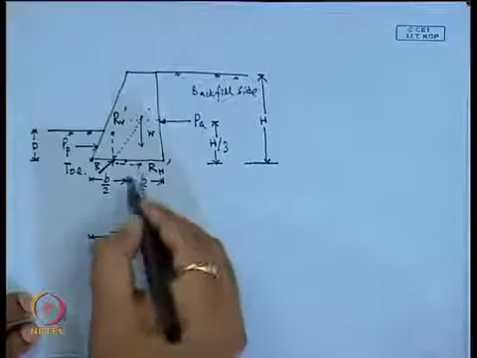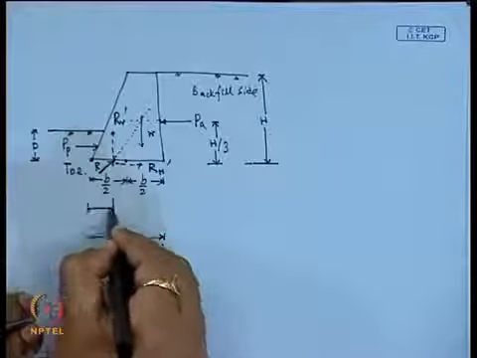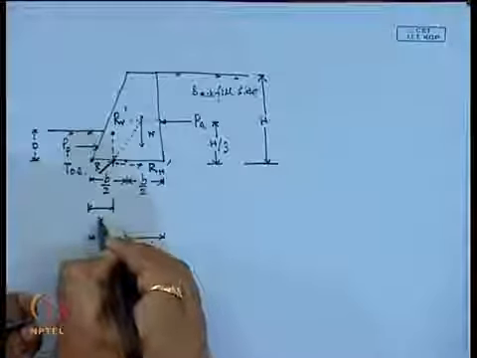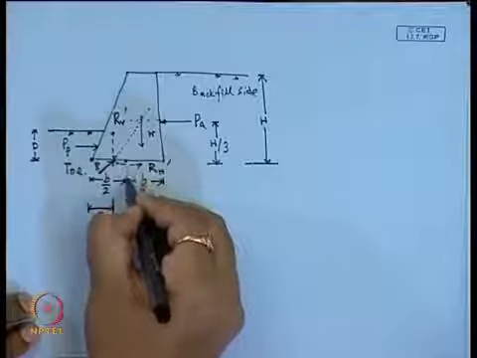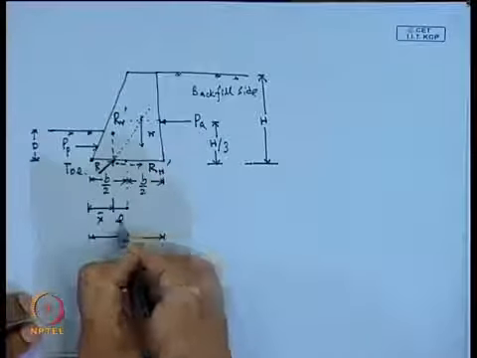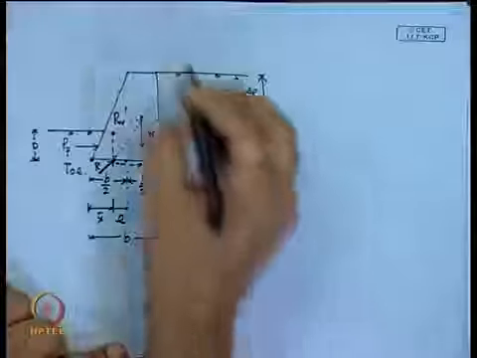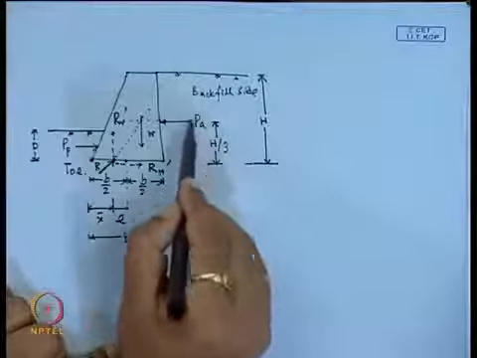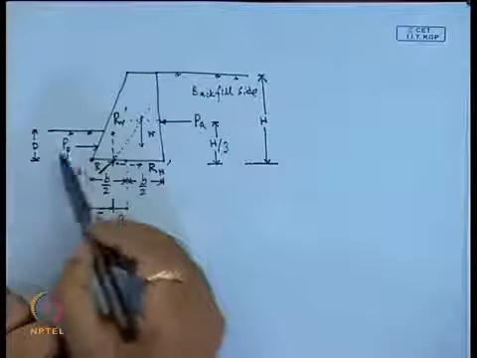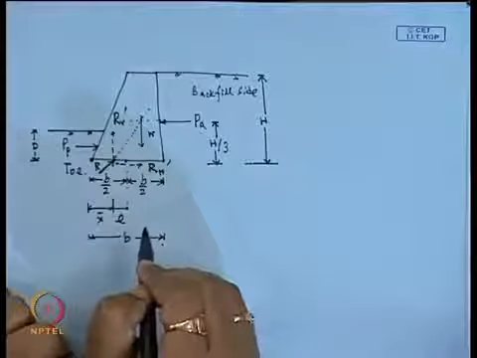The distance of this reaction force from the toe is x bar, and from the center it is E. Now, what are the forces that we will consider? We will consider the active earth pressure, the passive earth pressure, and the self weight of this retaining wall.